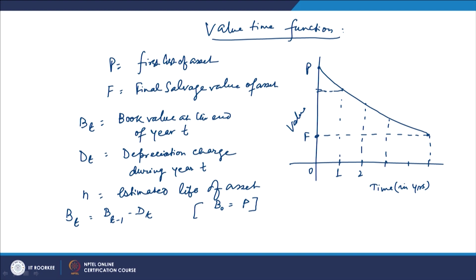So, that is your B naught. In the formula, Bt will be P minus the accumulation of all those D terms, D1, D2 and so on. So, it will be P minus the summation of Dj, for j equal to 1 to t. This is how your depreciation amount is calculated.